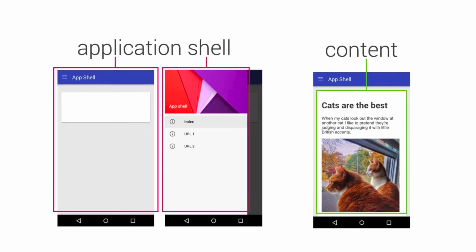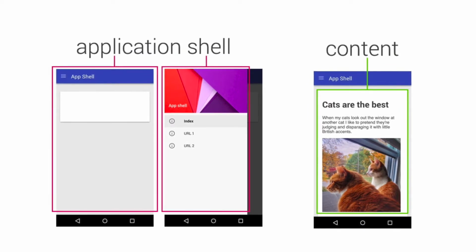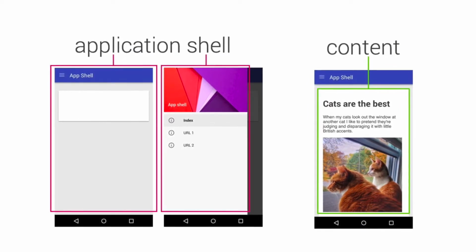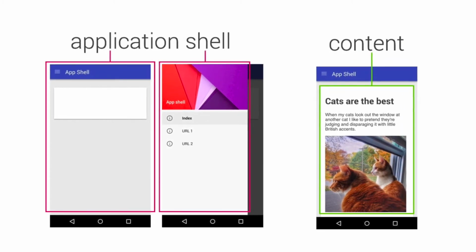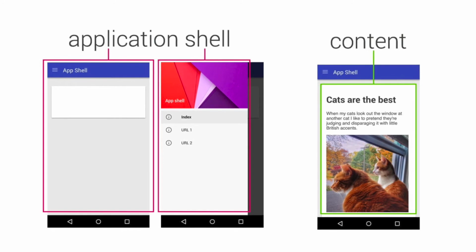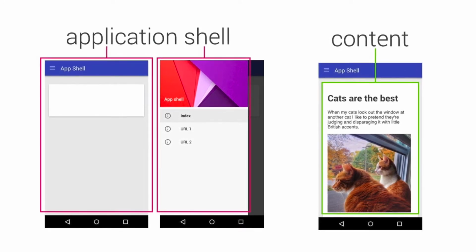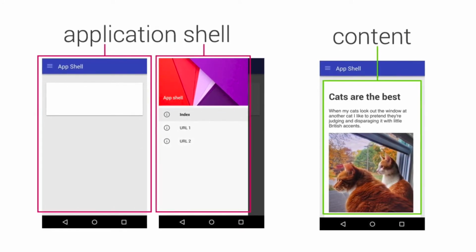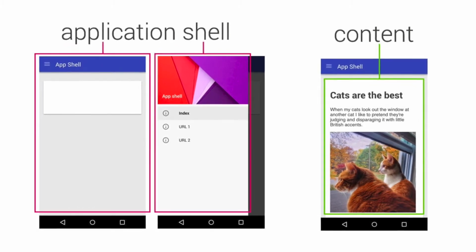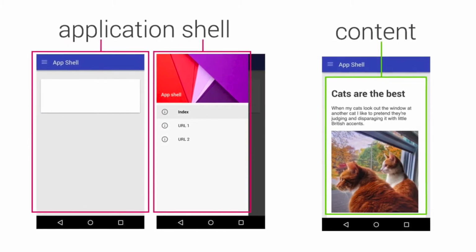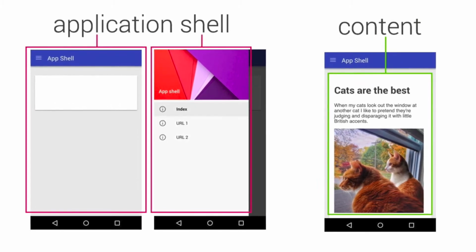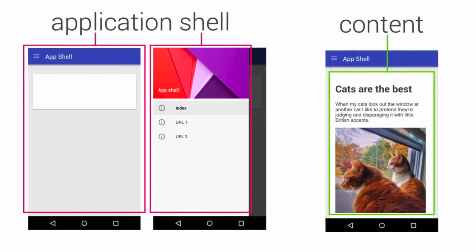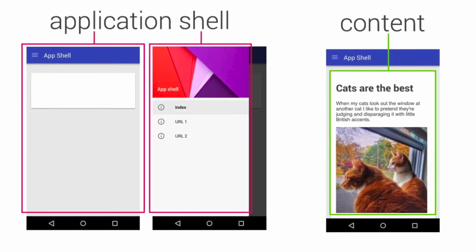The shell contains all the static user interface elements, such as a header, menus, drawers. When we cache an app, the shell should always be saved on the device, because we want it to be available at all times. That is why when a user with no internet connection opens the app, they won't see an empty screen. Instead, they will see the cached app interface and an appropriate error message.